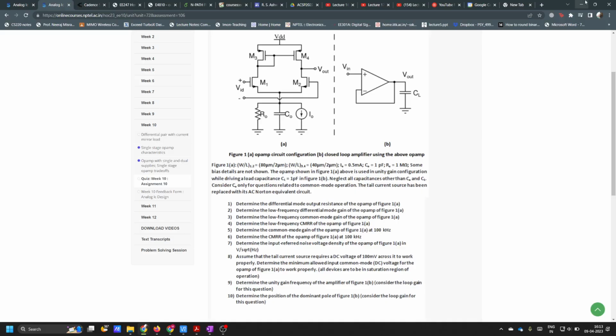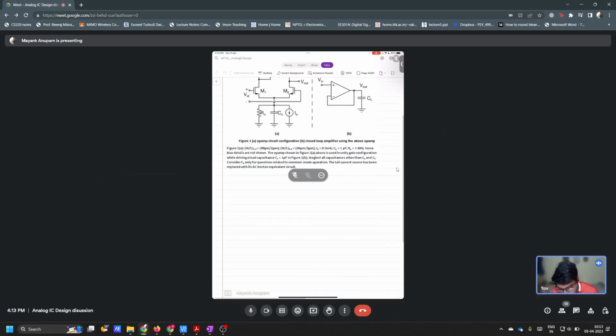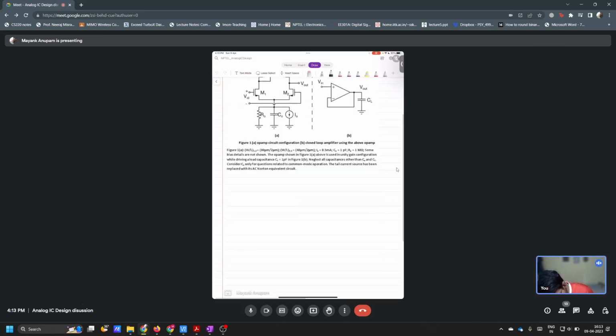So what is the problem in that question? What were you trying to do? This is the situation, right? Let me draw a little bit. This is question 8.